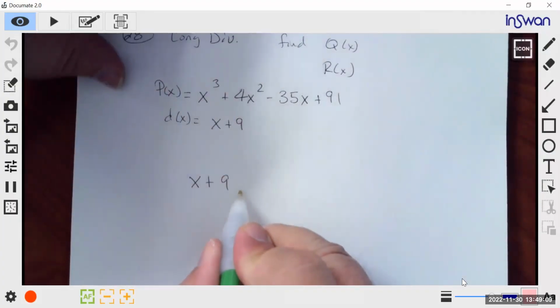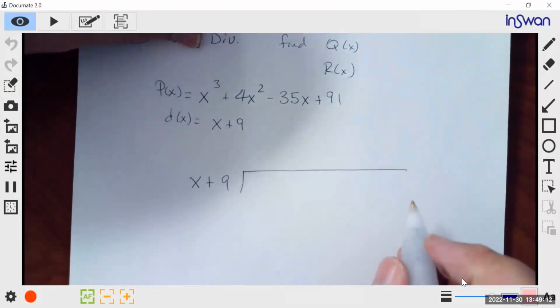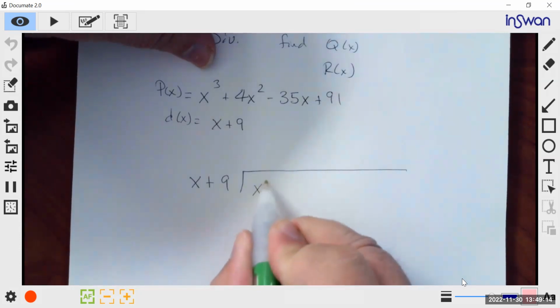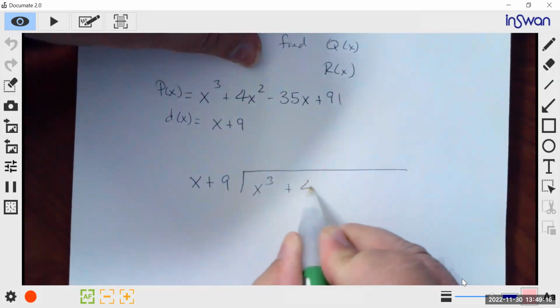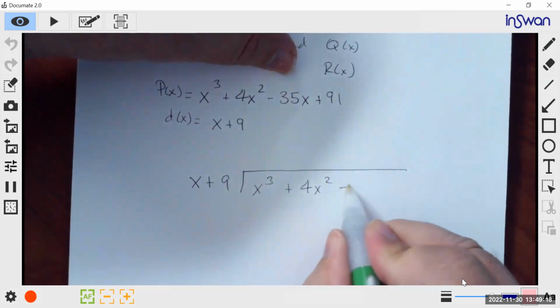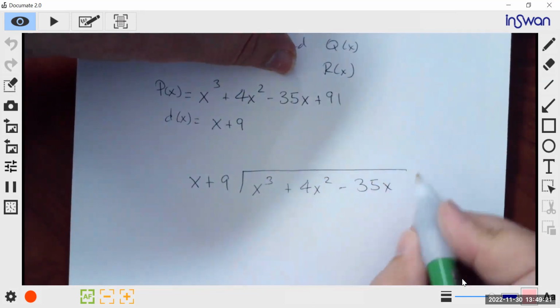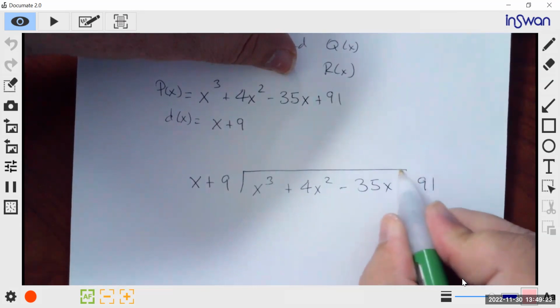So it's x plus 9, and since we're using long division, we have x cubed, 4x squared, minus 35x, plus 91.